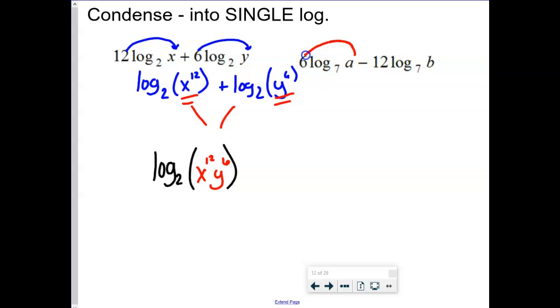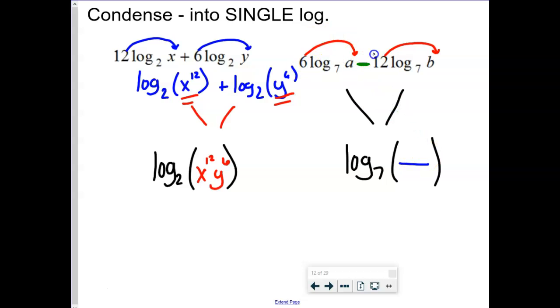So this next one, we throw the 6 back up and the 12 back up. But notice, I'm not taking the negative with it. Just leave the negative as a subtraction sign, and then we'll use the quotient property in a minute. I think we can condense this all the way down, guys. This is going to end up being log base 7. I can tell there's a quotient component because we have a subtraction. So up in the numerator of your quotient, you're going to have a to the 6th power.